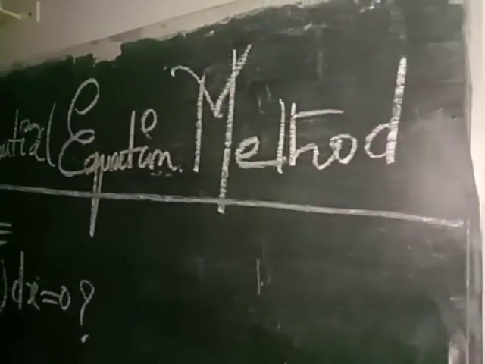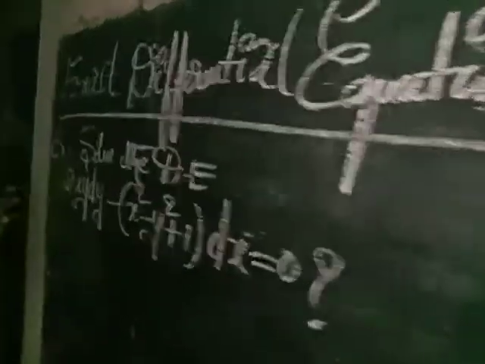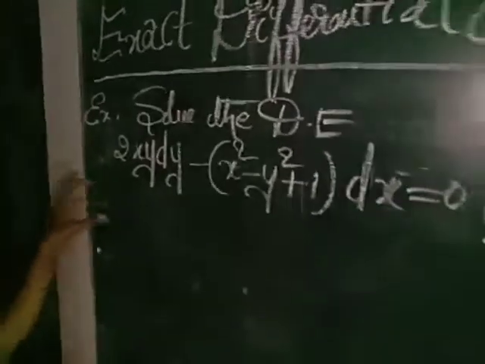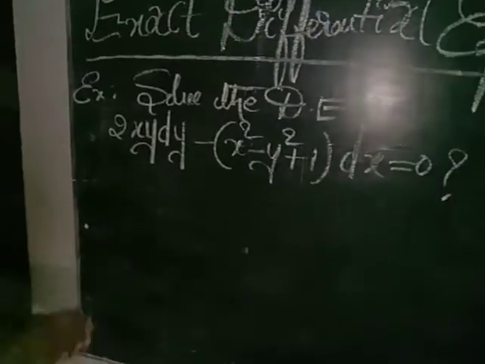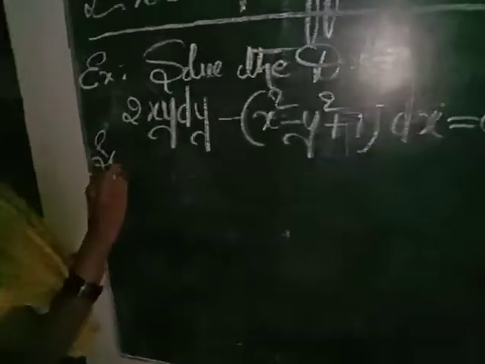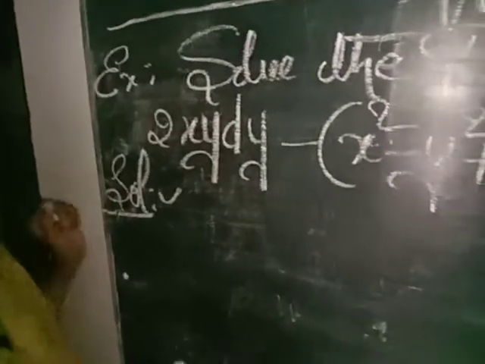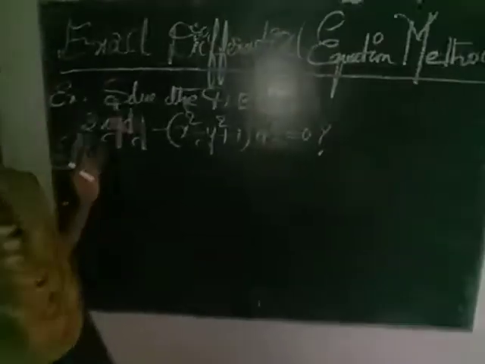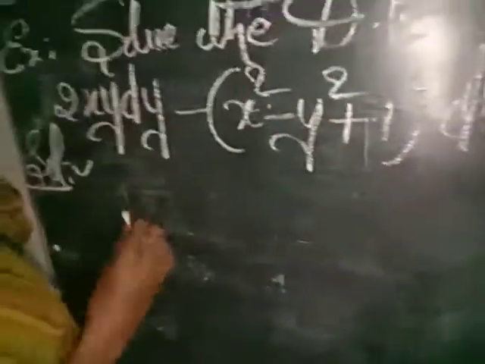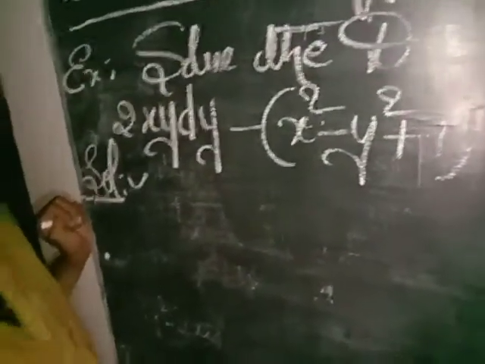So now let us take one more example of a first order and first degree differential equation. First of all, I will find the solution by the exact differential equation procedure. First, the given differential equation is checked against the general form M dx plus N dy equals 0.